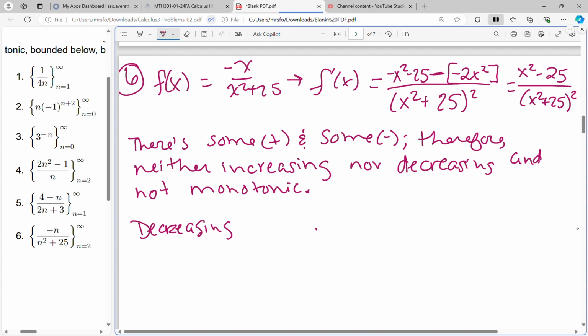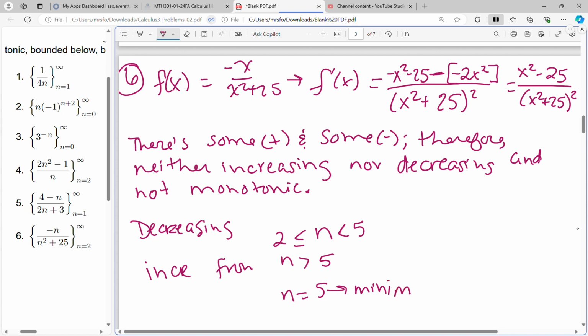It's going to be negative when n, or when x, is less than 5 but greater than or equal to 2. It is increasing for n greater than 5, which means n equals 5 is the minimum.